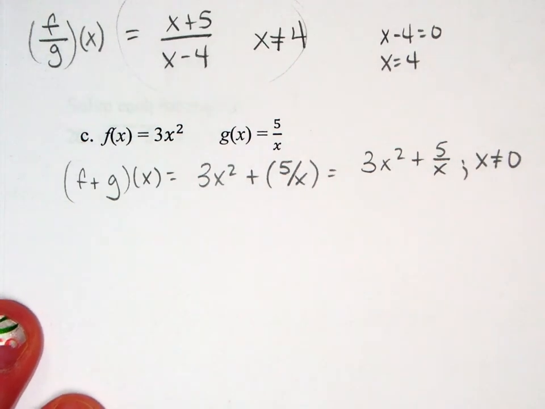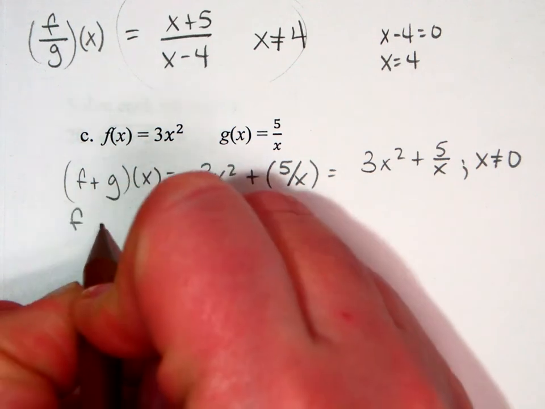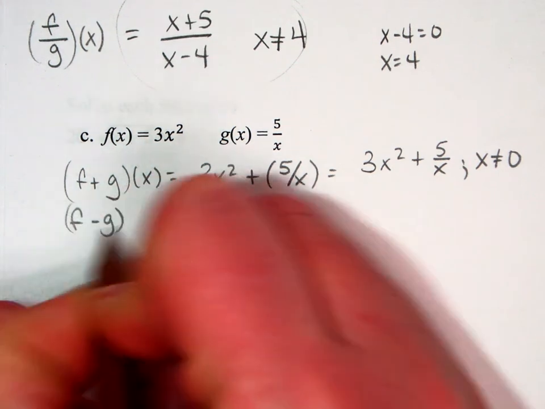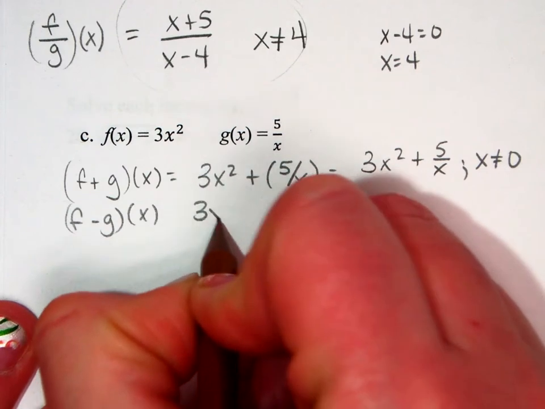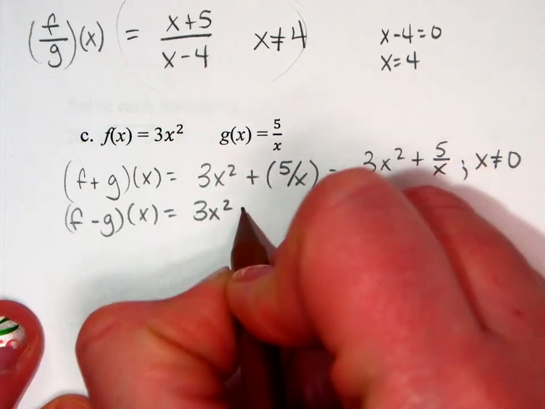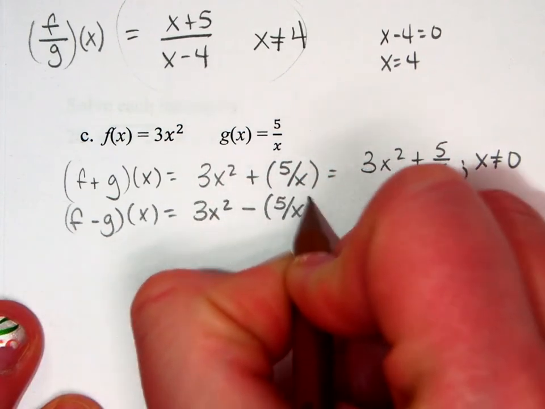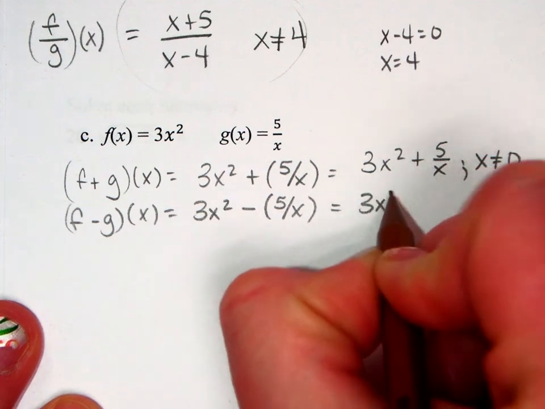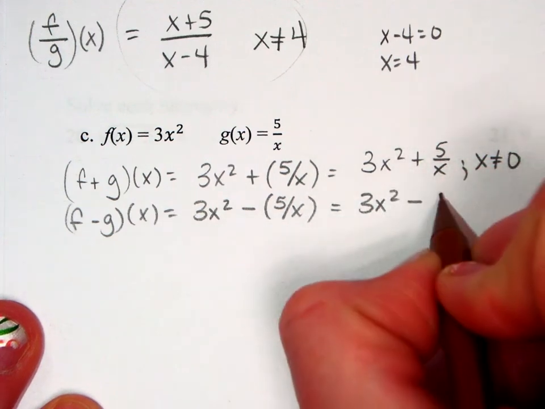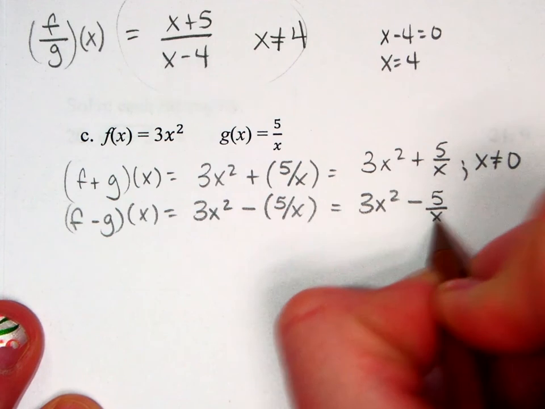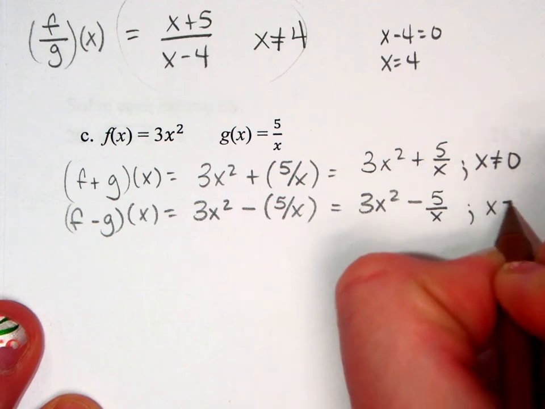Next one, minus. 3x squared minus 5 over x. X cannot equal 0.